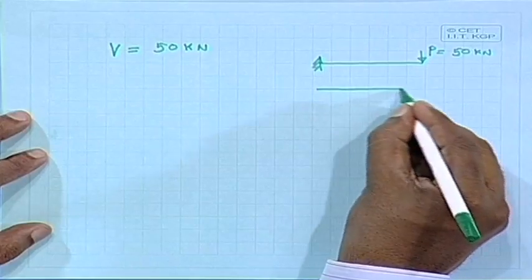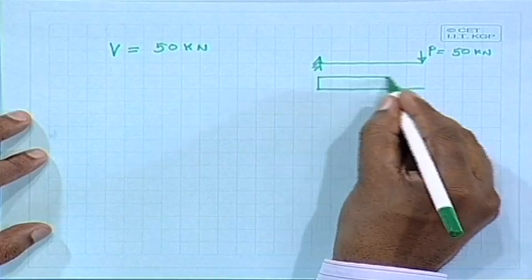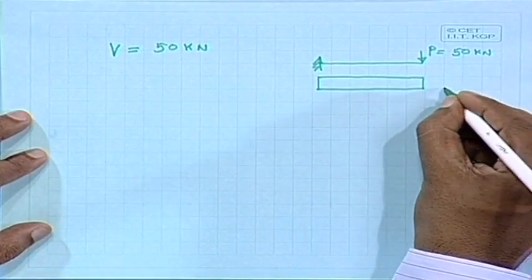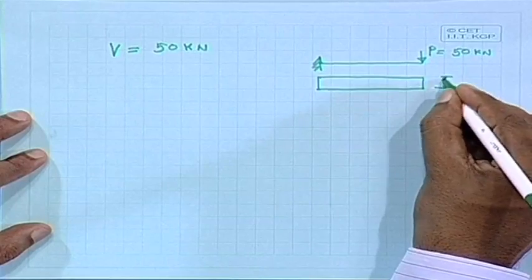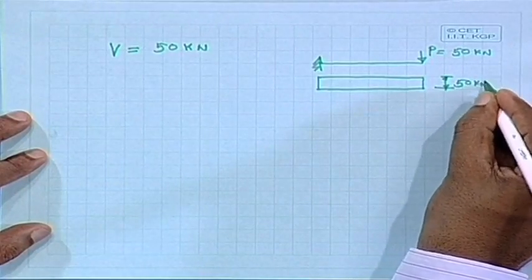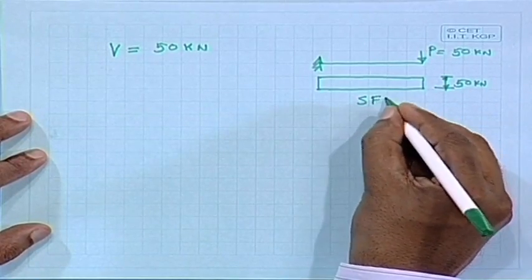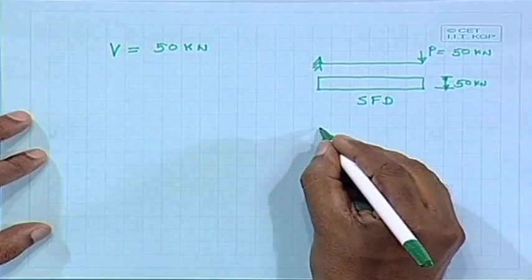What about the shear force? Shear force is constant, which is nothing but 50 kilonewton. This is your shear force diagram. What about the bending moment diagram?